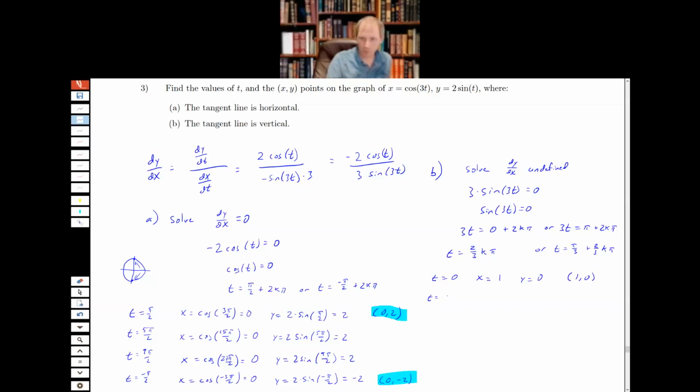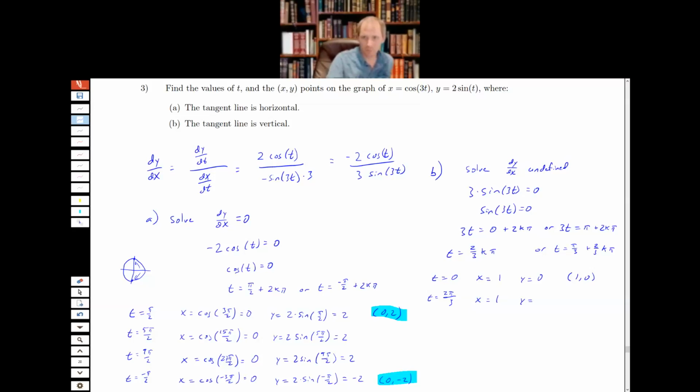Okay. When k is 1, I'm going to get t is 2 pi over 3. 2 pi over 3 times 3 will give me a 2 pi. So this is cosine of 2 pi, which is 1.